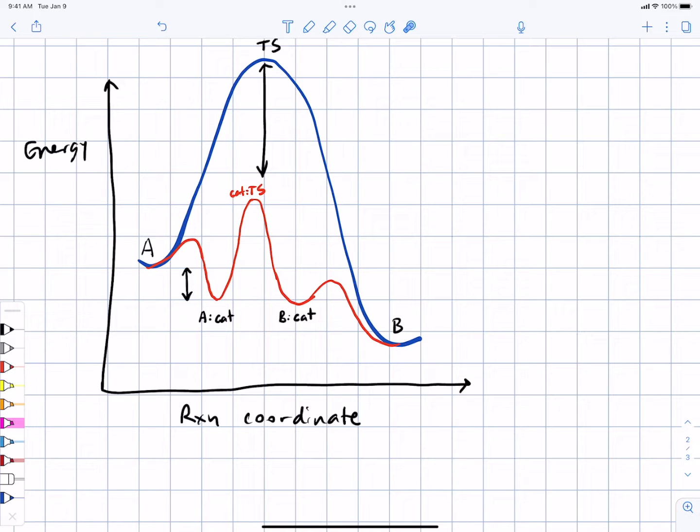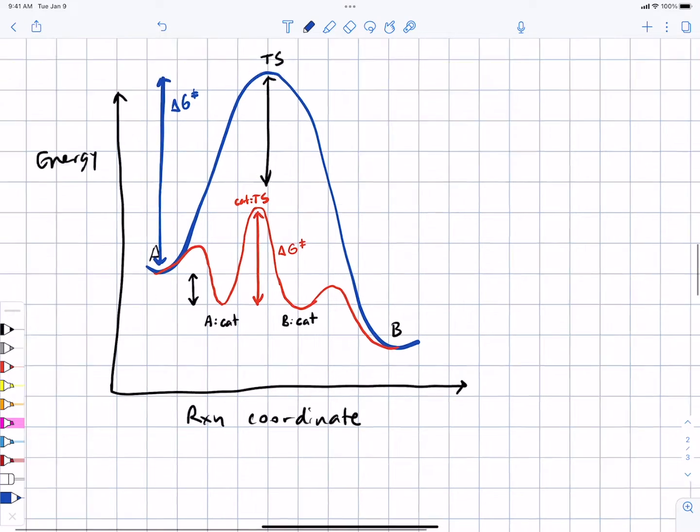And so overall, our activation energy for the reaction that's catalyzed is here, whereas the reaction that's uncatalyzed, you've got this activation energy, which is much larger.